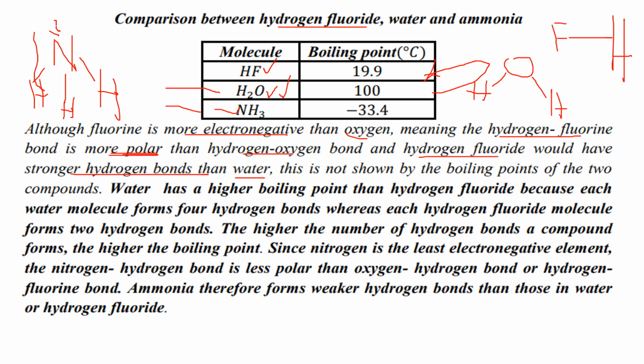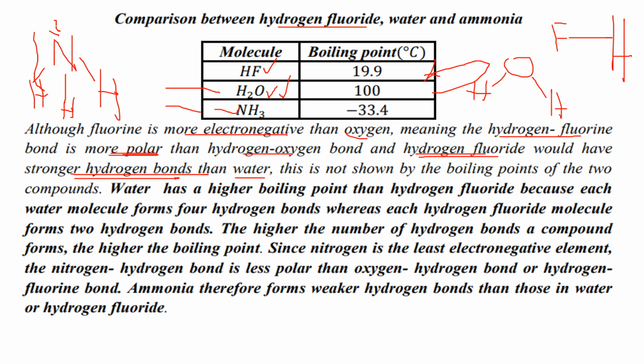So we expect hydrogen fluoride to have stronger hydrogen bonds than those present in water, simply because fluorine is more electronegative, or it has a smaller atomic radius as compared to the oxygen atom in water.